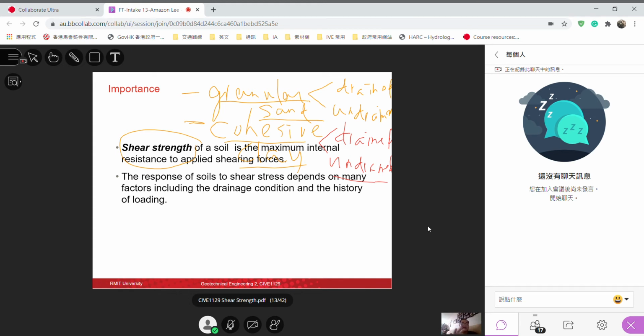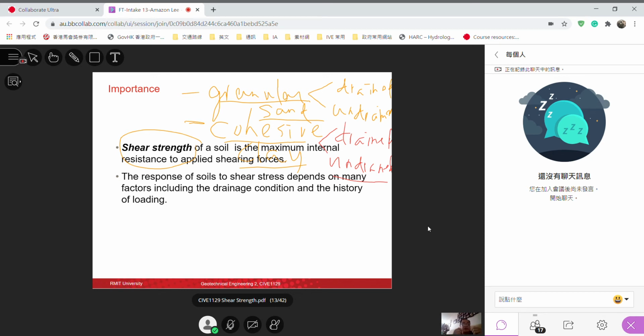In other words, the dissipation of pore pressure in response to the loading is very slow, like consolidation of cohesive soil. When you apply the load, the excess pore pressure will take years. Remember, the consolidation takes years to complete, tens of years, 20 years to complete.